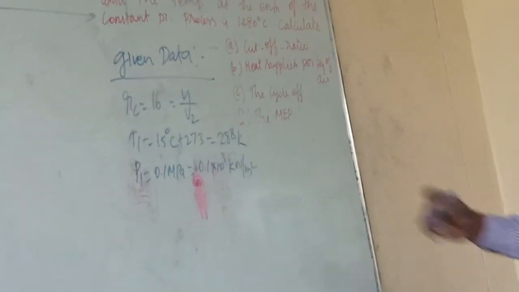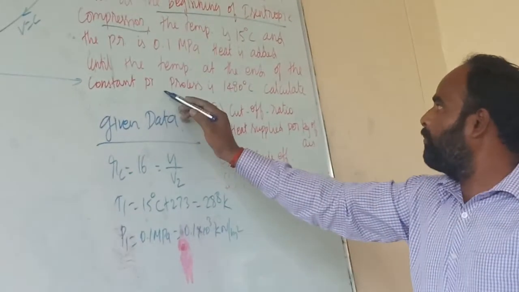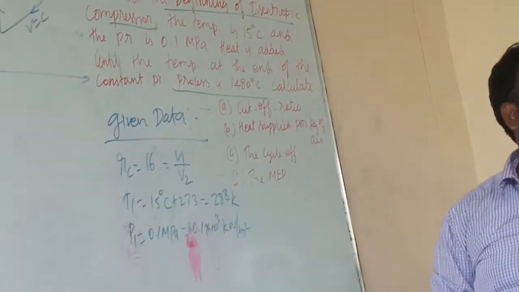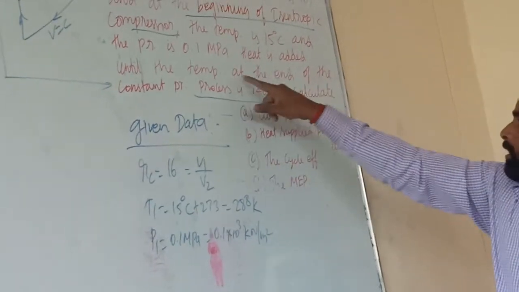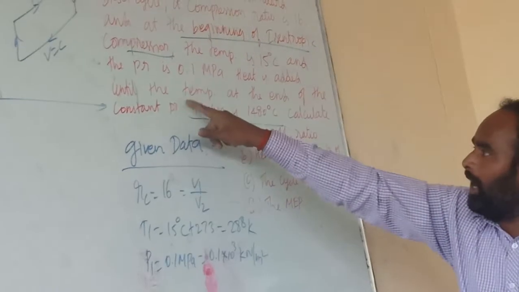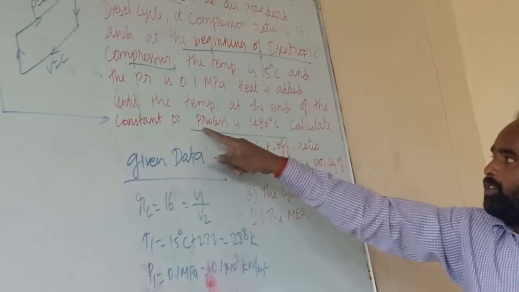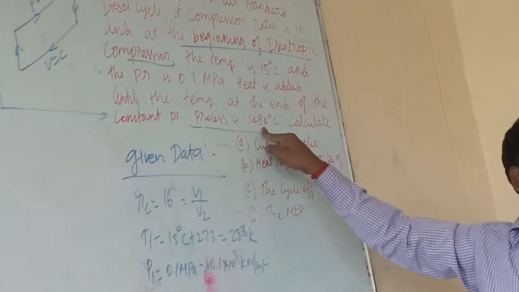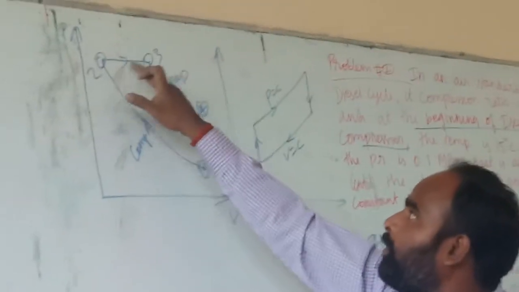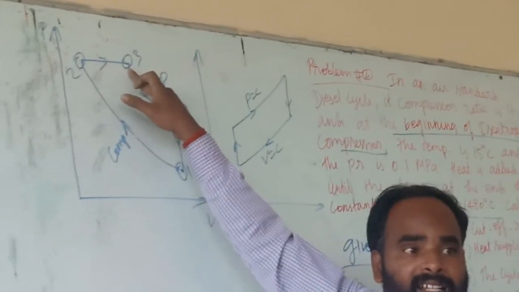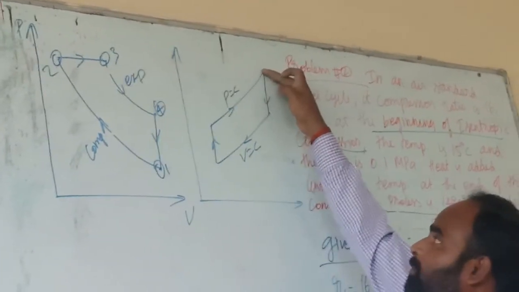Heat is added until the temperature at the end of the constant pressure process is 1480 degrees Celsius. What is the end of the constant pressure process? The end of the constant pressure process is called state 3. So they have given the maximum temperature.